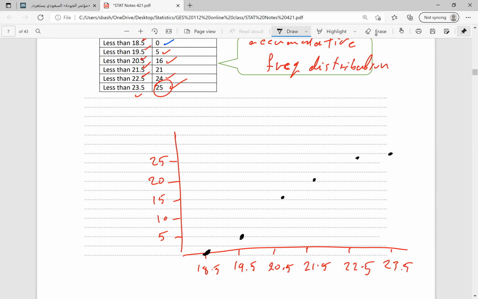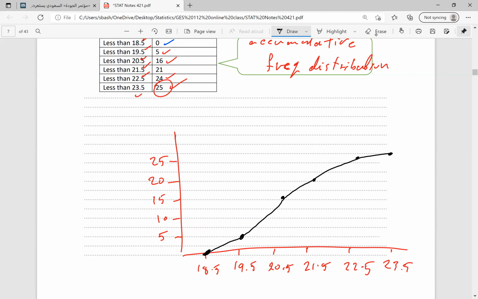So the Ogive starts with 0. This graph is called the Ogive. And again, for the Ogive, we need to use the accumulative frequency distribution. We add the frequencies for each step, starting with 0, then add the next one. For the next class, we add the next one, and then the next one, up to the last one. And this will give me the Ogive.